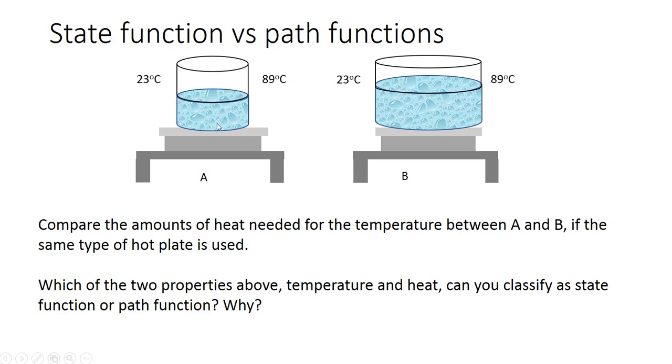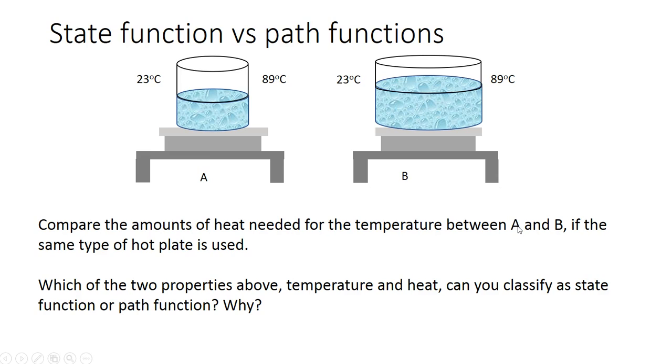In other words, the heating will depend on how much time you have heated. If you are using the same hot plate, you need maybe 10 minutes to heat this one. You may need 30 minutes to heat this one. So the amount of heat that you are giving will depend on the path that you have taken, will depend on the hot plate that you have used.